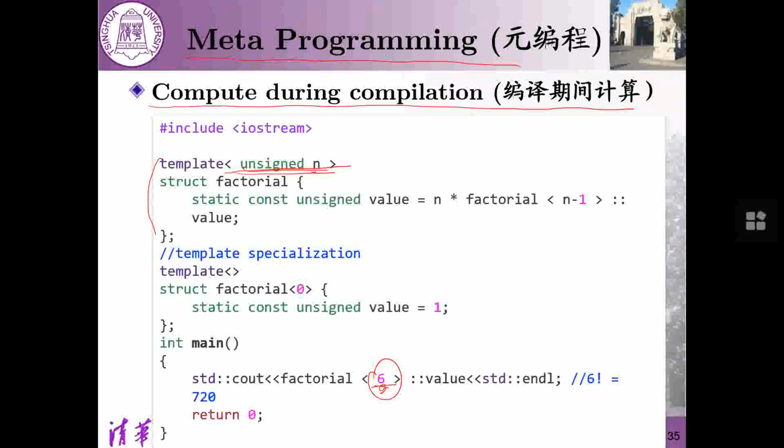However, because we have this specialized template, during compilation the compiler will recursively call the template so that it computes the result. So when we run the program, it will directly print the result.